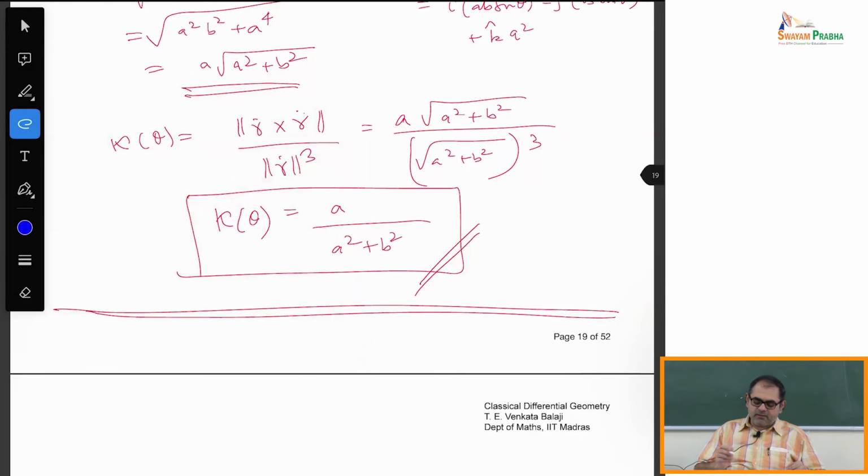So to begin with, let us recall this business of the so-called signed normal and signed curvature. Look at that idea.